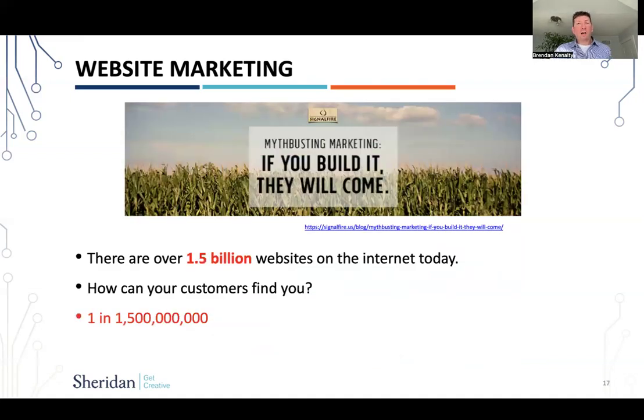There are a lot of websites on the internet, over 1.5 billion, and some of them aren't even active anymore. Sometimes companies go under or people just stop publishing to their site, but there are still a lot. And really the question for you as a marketer is how can you make your customers know about your site?